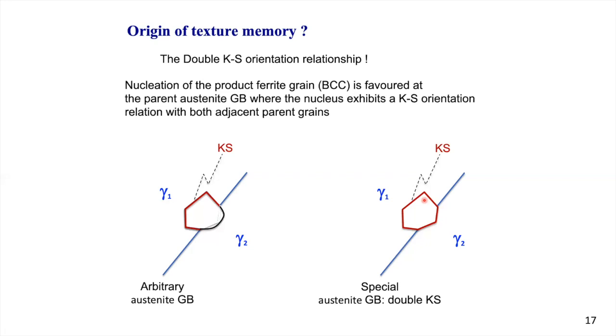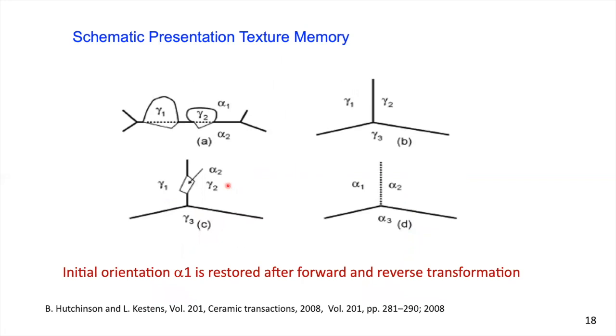And this is, in fact, a variant selection mechanism by which, as Professor Hutchinson has shown, you can explain the texture memory mechanism.